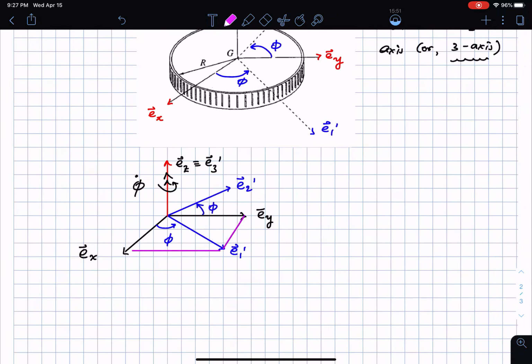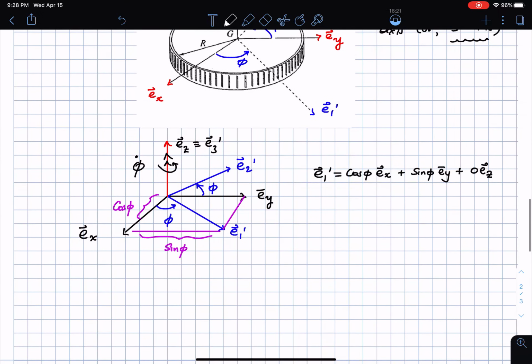that's going to be the following. This term is going to be cosine phi, and this term here is going to be sine phi, which means that E1 prime is going to be cosine phi EX, sine phi EY, and then 0 EZ. That's fairly straightforward to see.